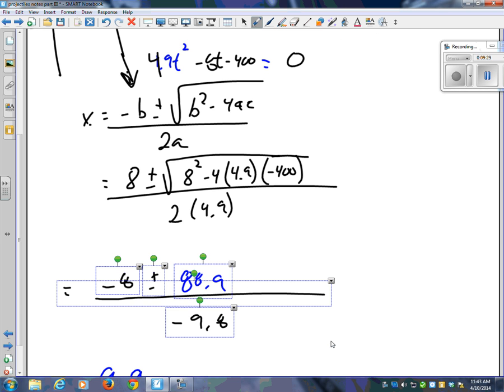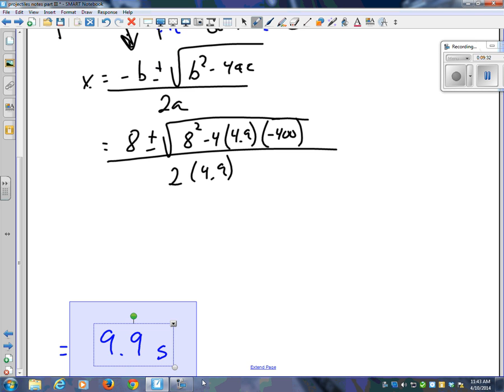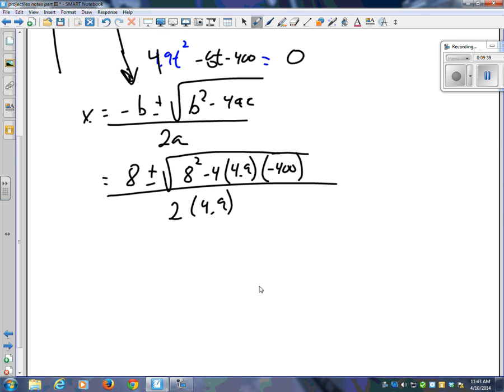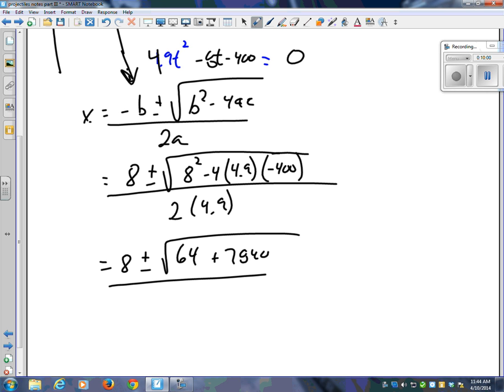So 8 plus or minus the square root of 64 plus 7840, all over 9.8, right? Yeah.